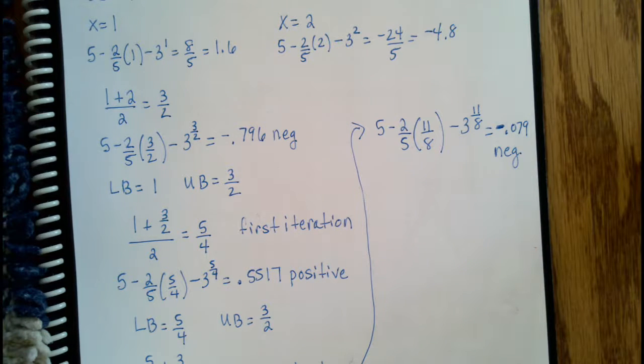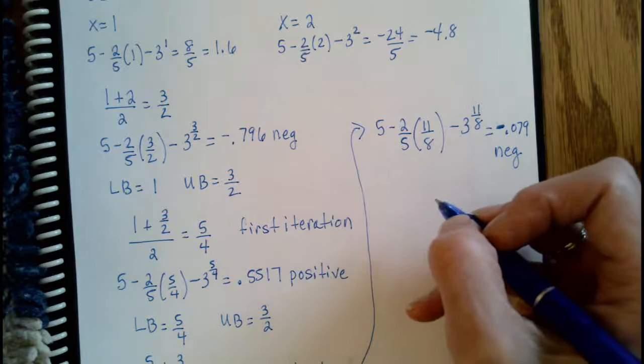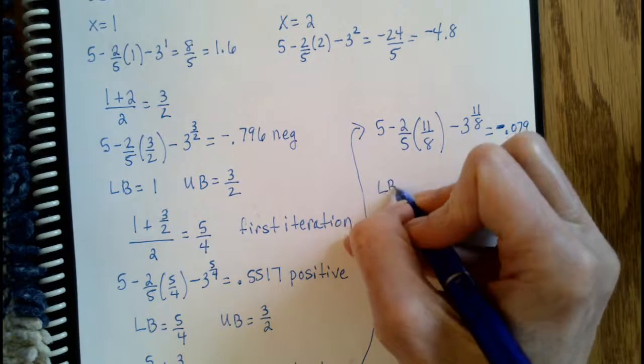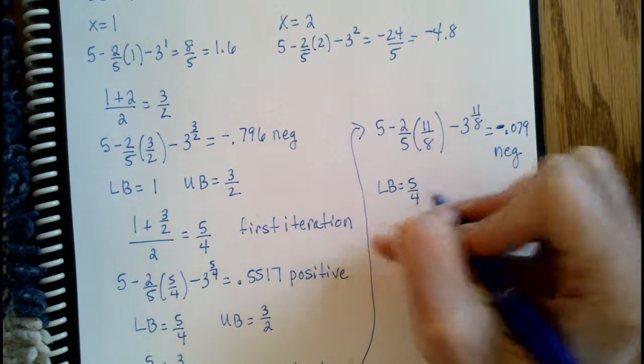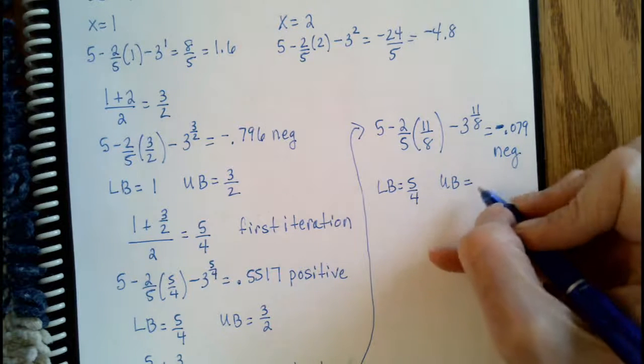And because that is negative, looking back at our upper bounds and our lower bounds, we're going to have a new upper bound. So our lower bound remains 5/4, but our upper bound is now 11/8.